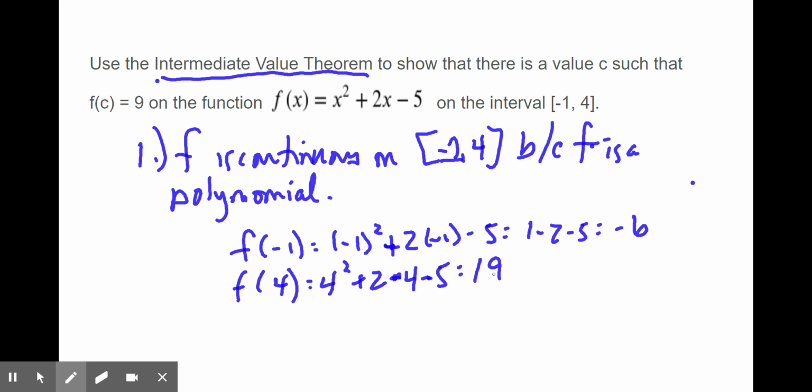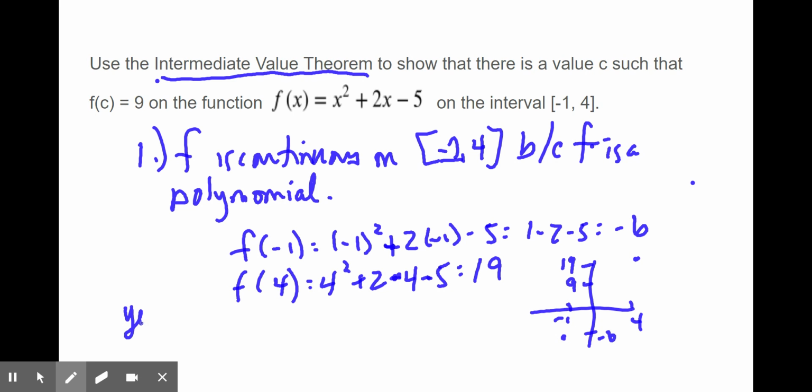Okay. Now I want to find a value of c such that f of c is equal to 9. So again, if you want to see it in picture form, at negative 1, you're at negative 6. And then at 4, you're at 19. So the question is, will the y value ever be 9? Well, f is continuous, so yeah, of course it's going to be 9. You got to go from this point to this point. You got to go through y equals 9.